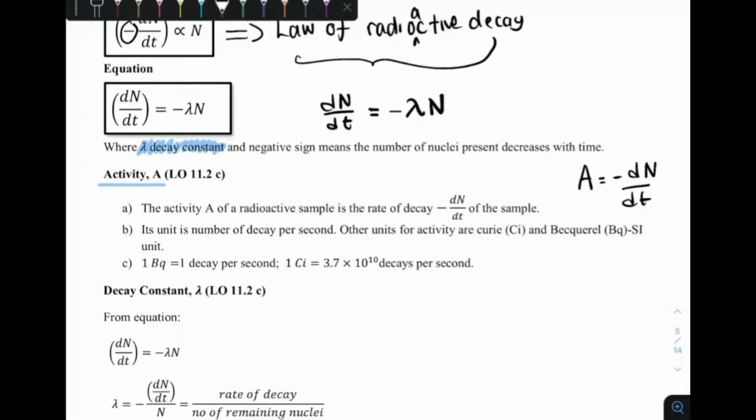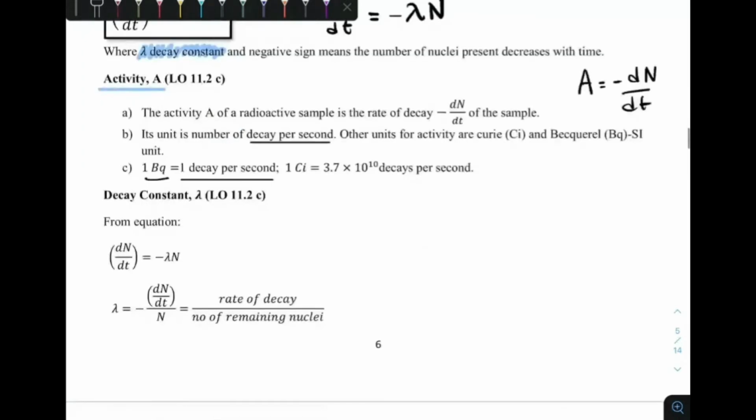Okay, unit is number of decay per second. So kita guna unit decay per second. One curie is equals to 3.7 times 10 to the power 10 decay per second.